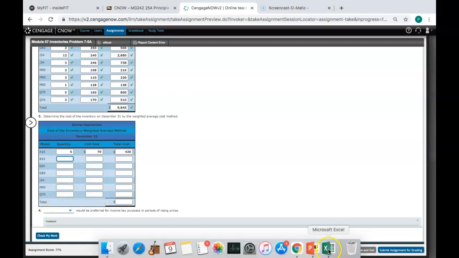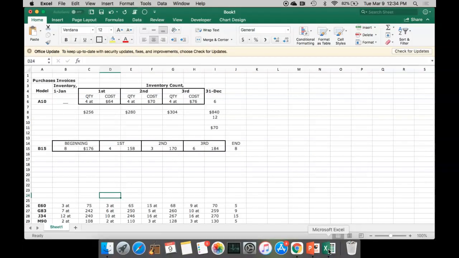All right, so let's go to the spreadsheet, and we can take a look at B15. So what do we have here? We now have a beginning inventory. The first one that we had didn't have any beginning inventory, and I'm going to illustrate now one with a beginning inventory. So we have the beginning inventory amount of 8, and we're just going to multiply it by the 176.